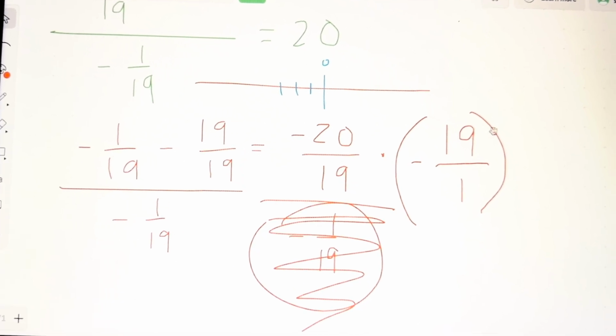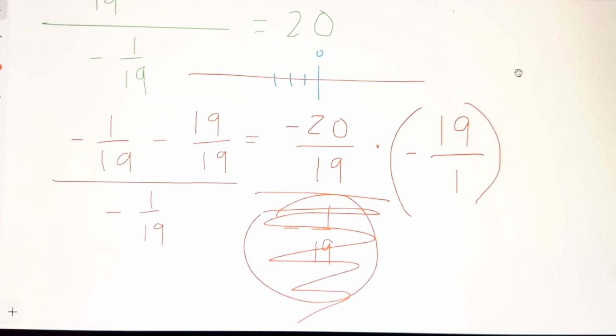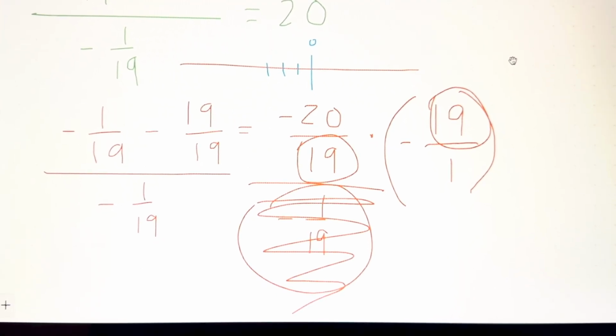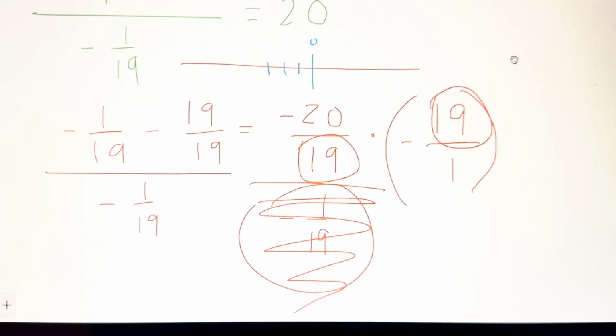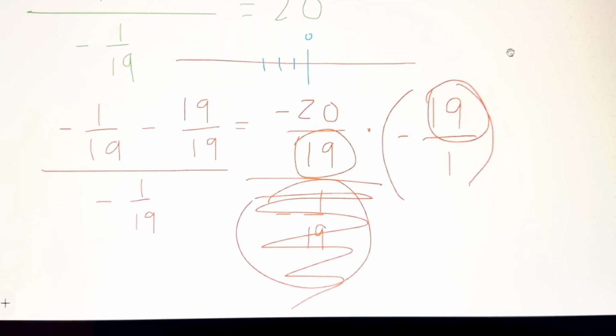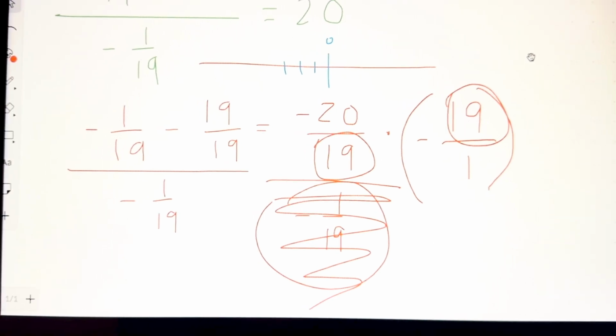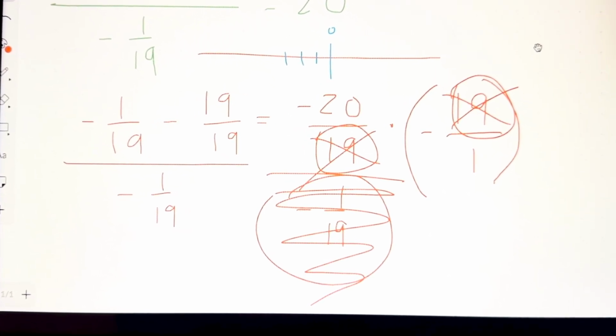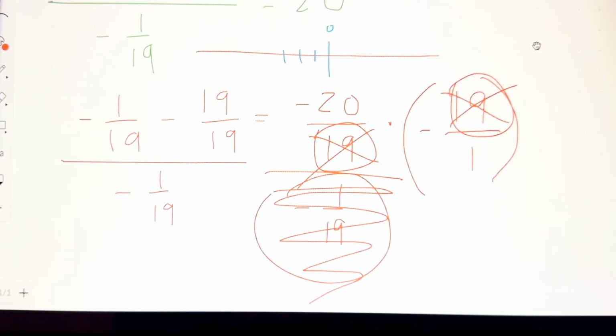All right, so we're super close. Look, we've got a 19 in the numerator and a 19 in the denominator, and we're multiplying these two values. What can I do? X them out. I can cancel them out. Absolutely. They're gone. Because 19 divided by 19 is just 1, so it essentially disappears.